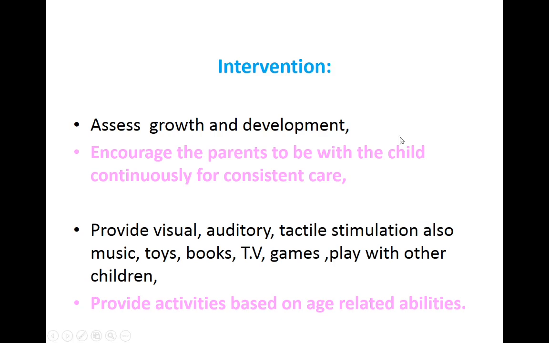On the other hand the child has to be repeatedly hospitalized, and most of the time the child is missing the mother, and whoever is available, that person is attending the child.